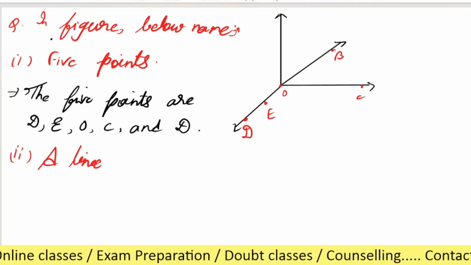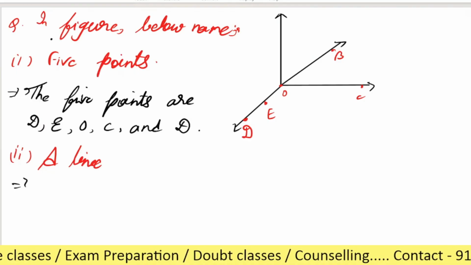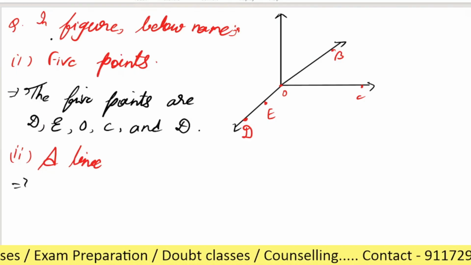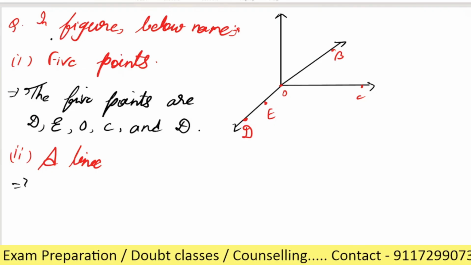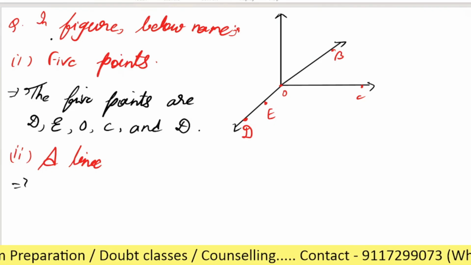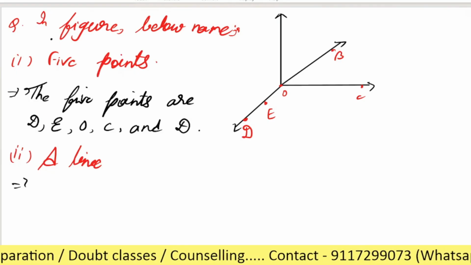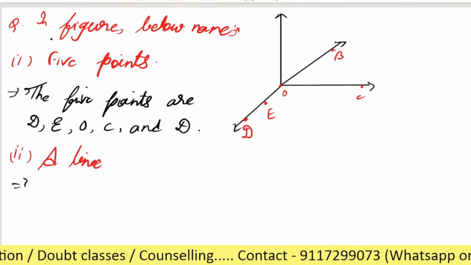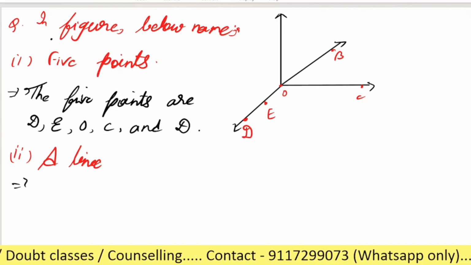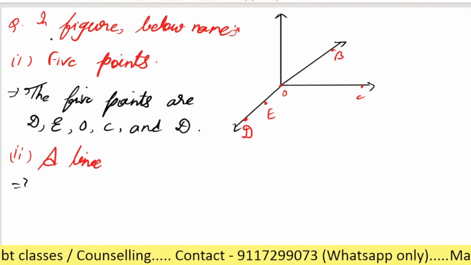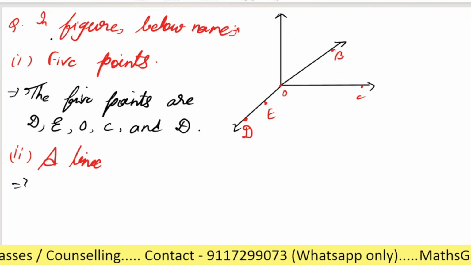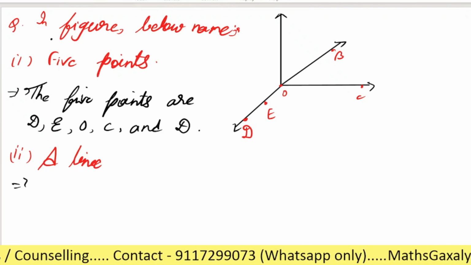Can you tell me, is there any line in this figure which can be extended to infinity? D and B. We will not say it like D and B, we will say line DB.